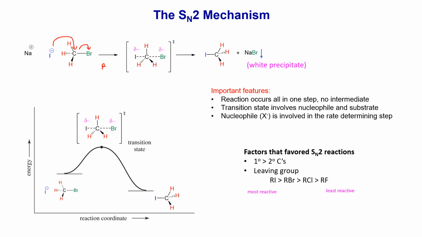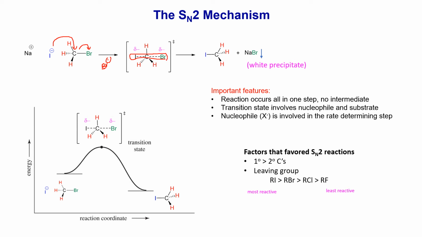So now you have bromide, Br minus, right here. This formation of a bond and breaking of a bond happens at the same time. Okay, so it's a concerted reaction, and there is only one step.